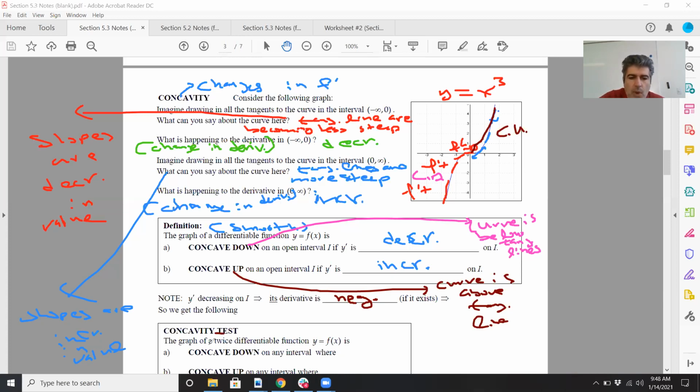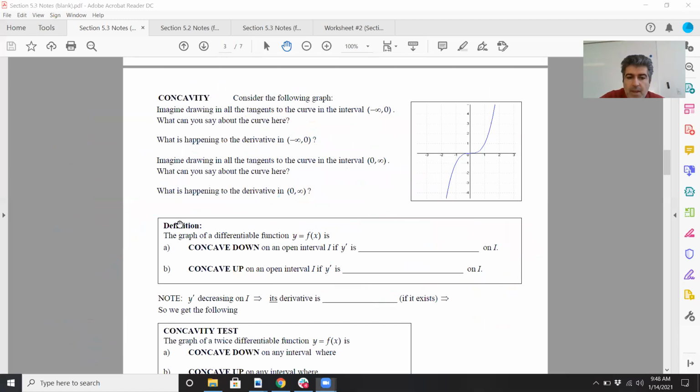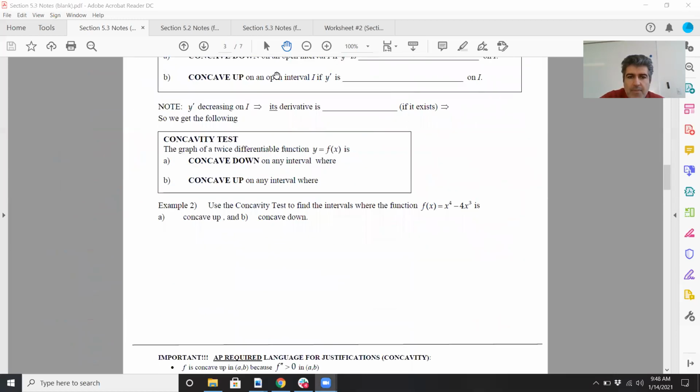And when we use the word twice differentiable, it means we're doing the derivative twice. So what we're really looking for in a concavity test is a second derivative. If your second derivative is negative, you're concave down. If your second derivative is positive, you're concave up.